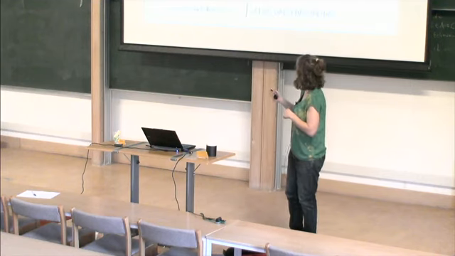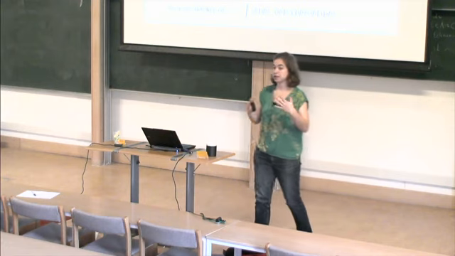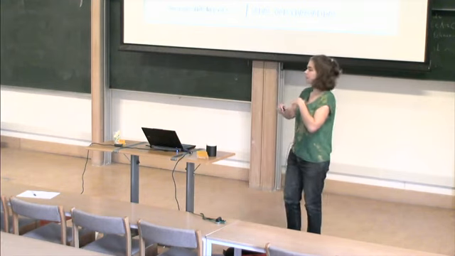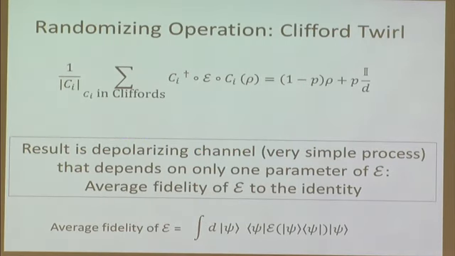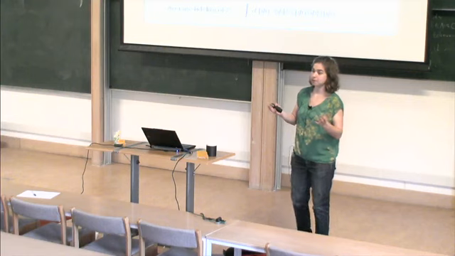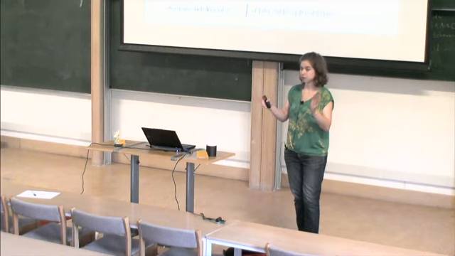Okay, so I said we apply these randomizing unitaries, but really instead of applying a completely random unitary, you apply a Clifford. The Cliffords have this really nice property that they're a unitary 2-design. That means they basically have the same randomizing properties as if you were choosing a totally random unitary.